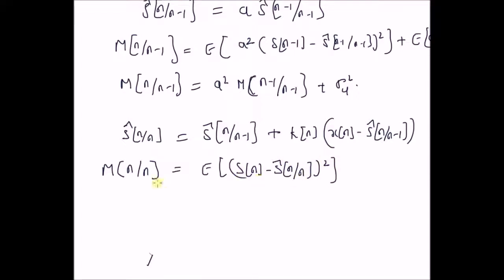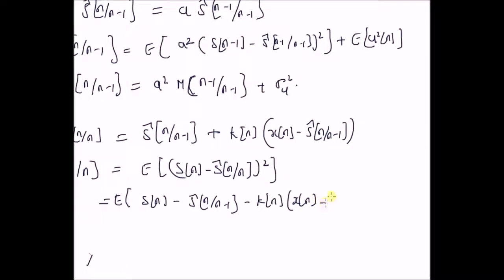So this is basically the error in the update, which, by using this expression, is equal to expectation of s of n minus s hat of n given n minus 1, minus the Kalman gain multiplied by x of n, the latest observation, minus the prediction s hat of n given n minus 1, whole square.